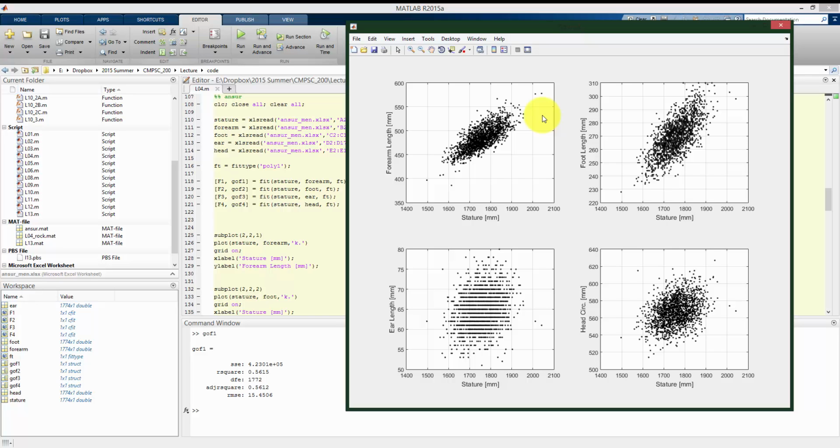That's a pretty good linear relationship between the two, even though relative to some of the previous examples we looked at, where we had r-squares of 98%. For this kind of real data, 56% is relatively good, and we'll see that in comparison as we go to ear length and head circumference.